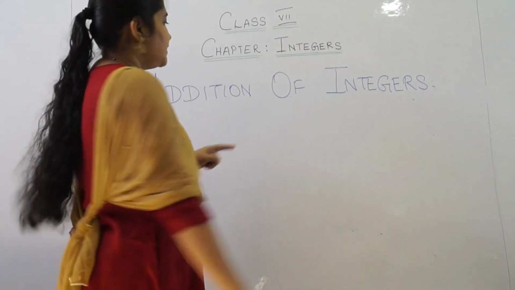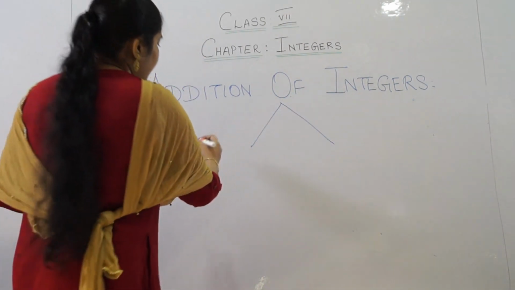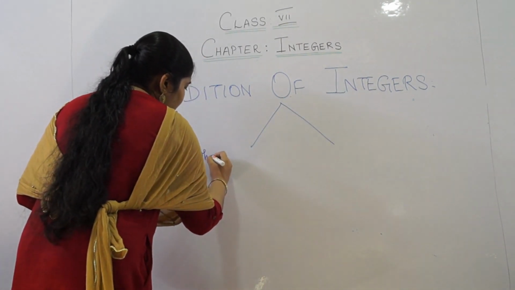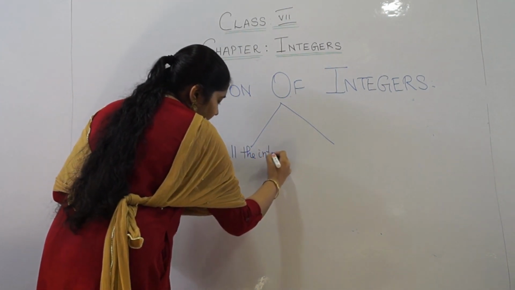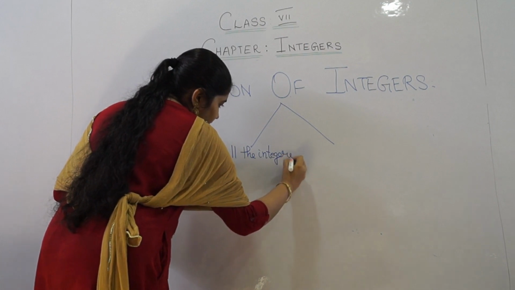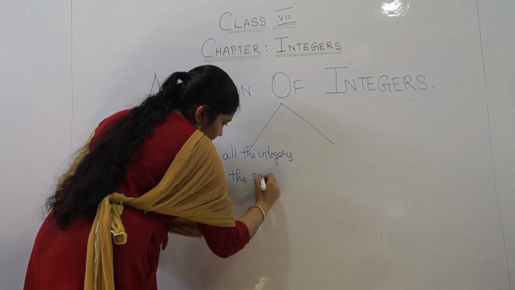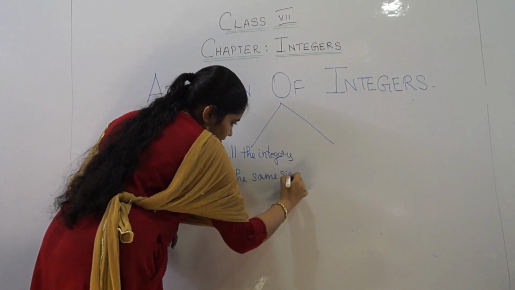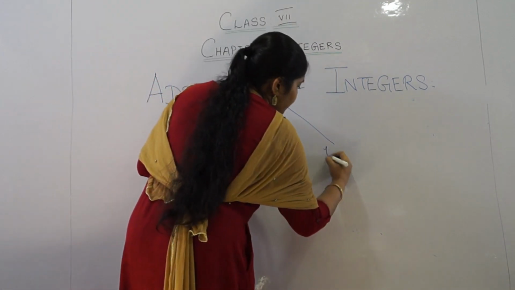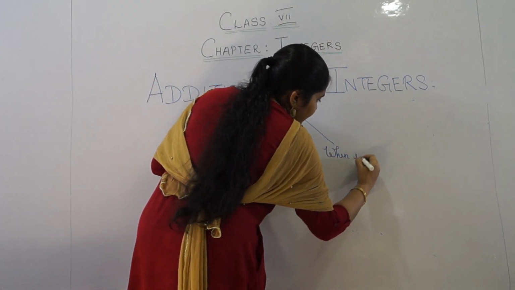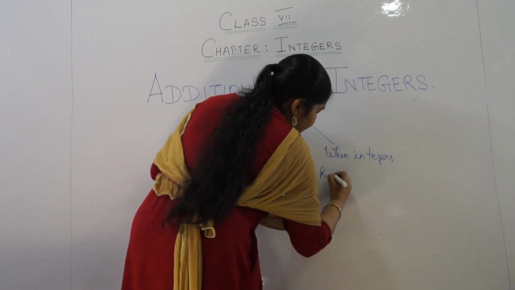This addition of integers has two types in it. The first type is when all the integers have the same sign, and the second type is when integers have different signs.